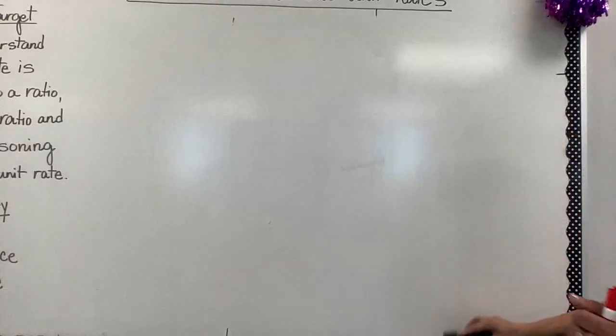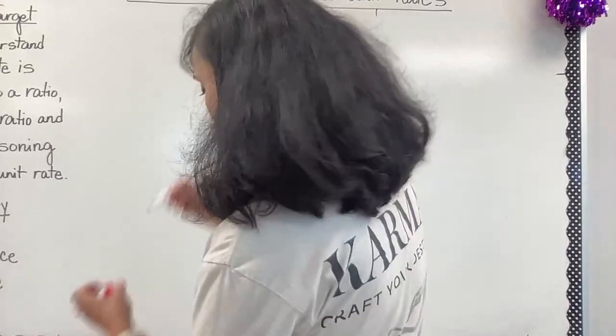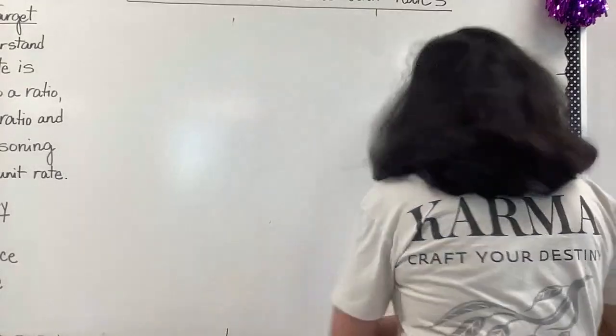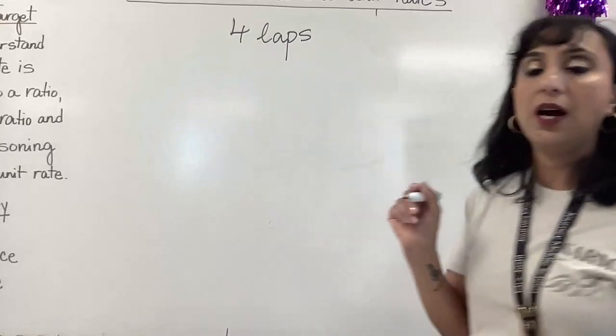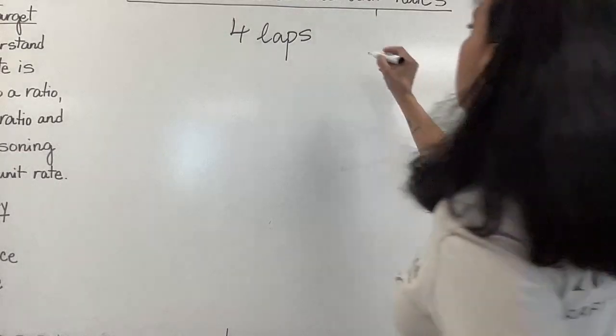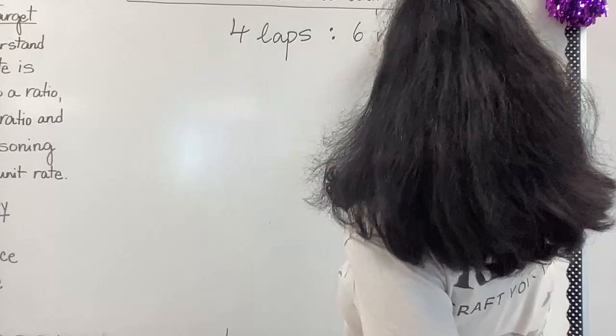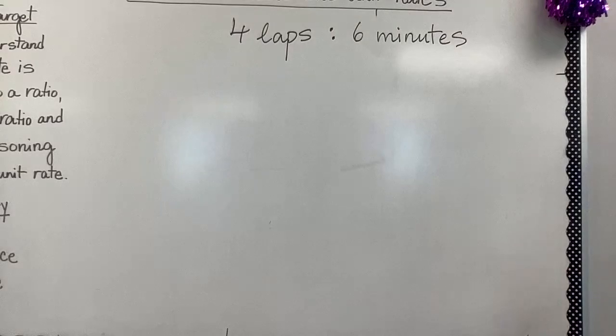So let's say I'm going to give you an example that Luciana ran 4 laps around the track at her middle school in a total of 6 minutes. So again, Luciana ran 4 laps around the track at her middle school in a total of 6 minutes. Suppose she ran at a constant speed.